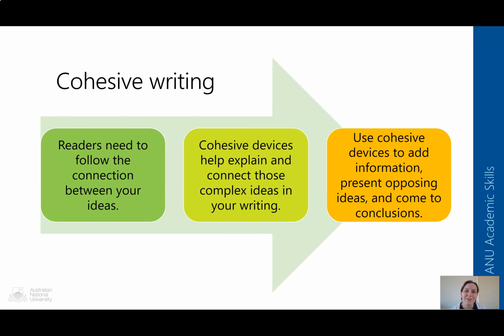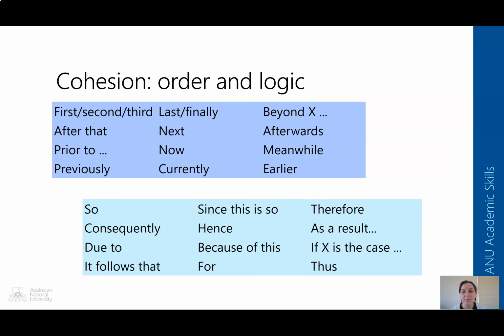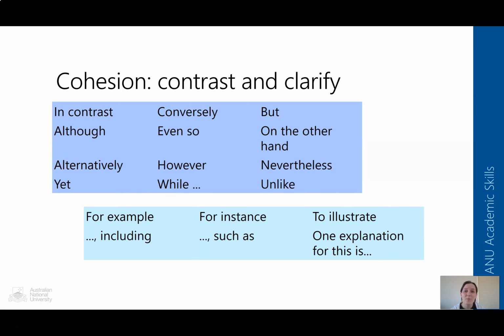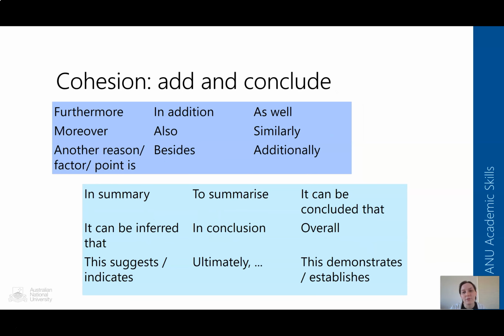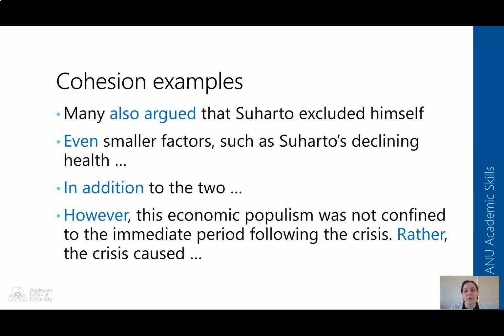Also, make sure that your writing is cohesive. Show the connections between the ideas, because you can connect ideas in multiple ways. So there's connections in terms of order and logic, but you might also be contrasting ideas or clarifying or giving further information. And you might be signaling to your reader where you conclude an idea and move on to the next one.